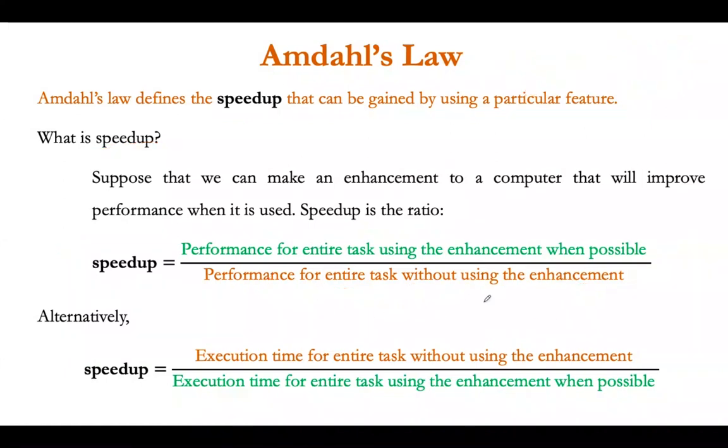So the performance of computer X is greater than the performance of computer Y can be written as the execution time of Y is greater than the execution time of X. In a similar way, the speedup can be written as the execution time of the task without using the enhancement divided by the execution time of the entire task using the enhancement when possible.